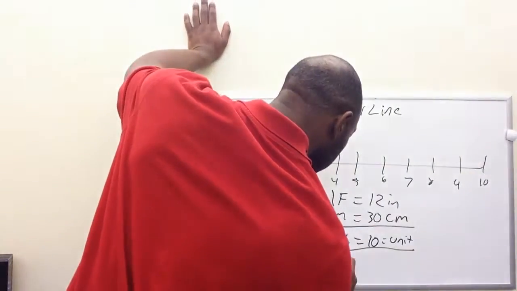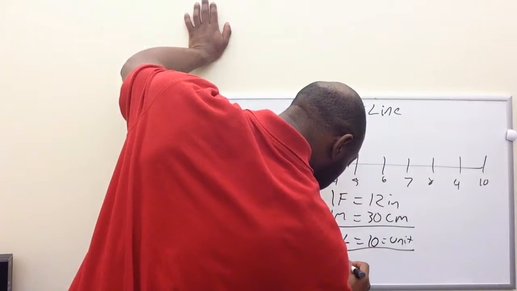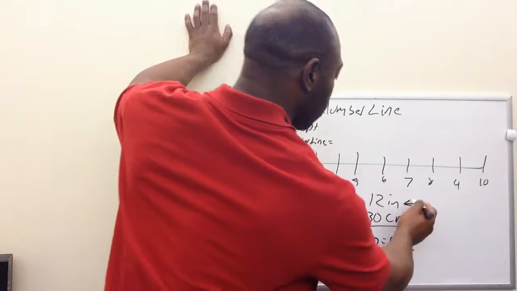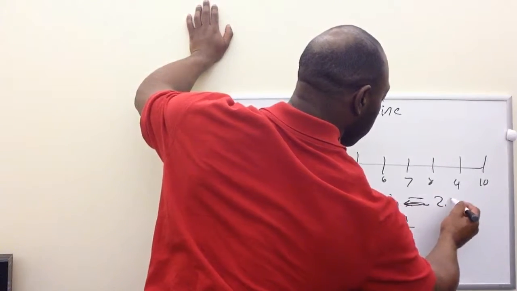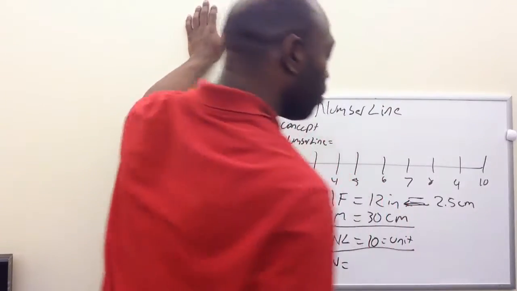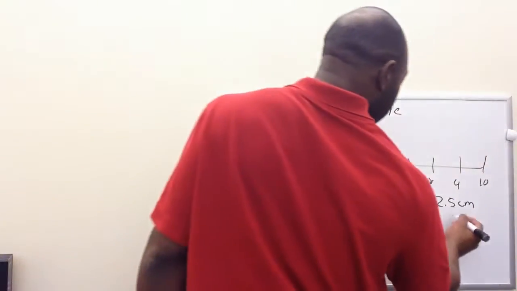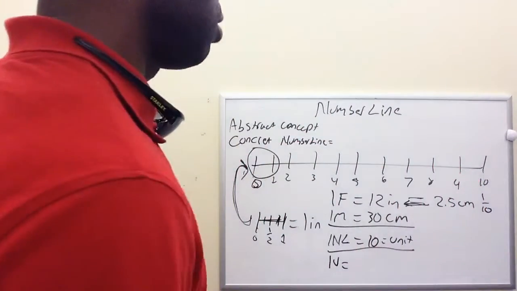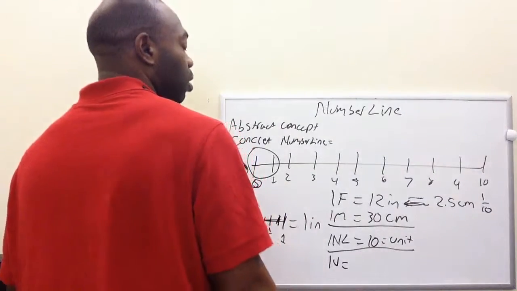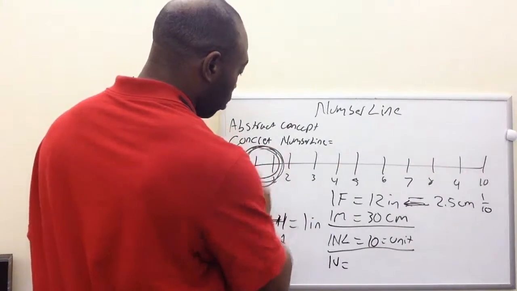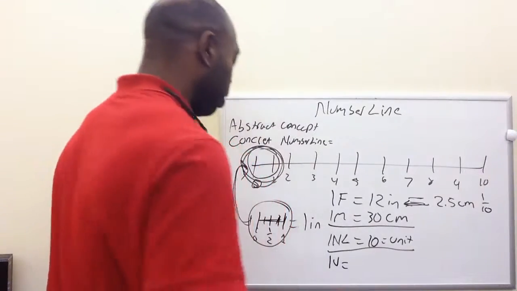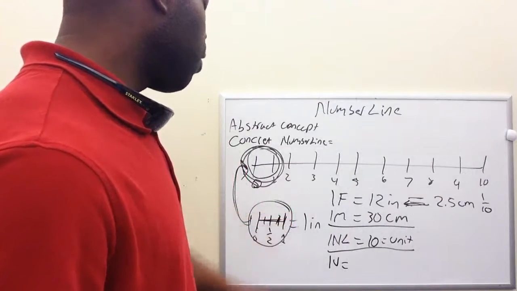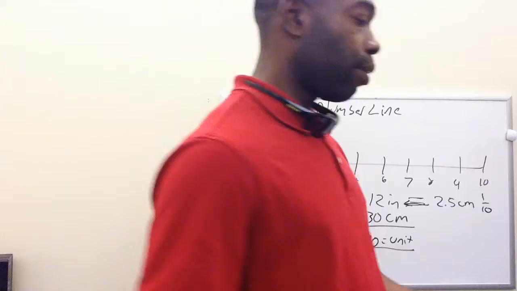So 1 unit, the smallest unit, which will be equivalent to an inch, is going to be equal to 2.5 centimeters divided by 10. So you divide that by 10 and you get the smallest unit, which is further divided into quarters, because it'll give you 3 divisions of 3.